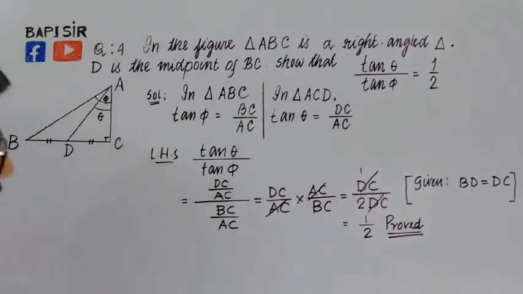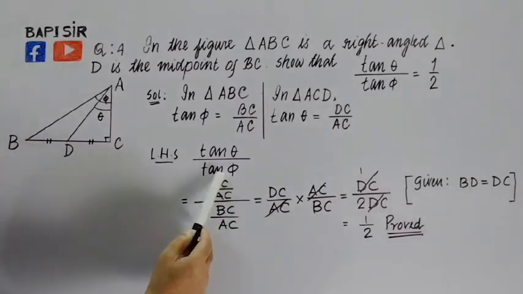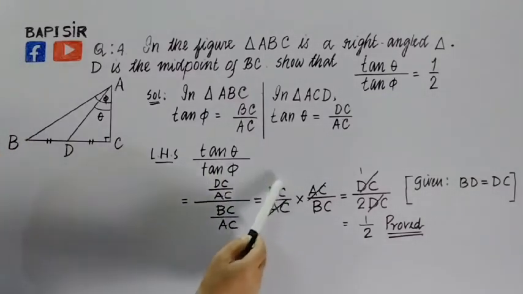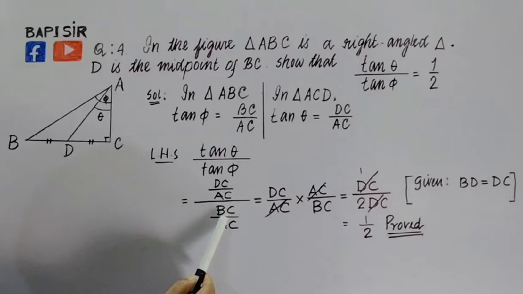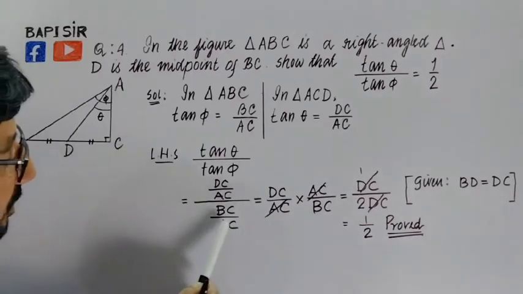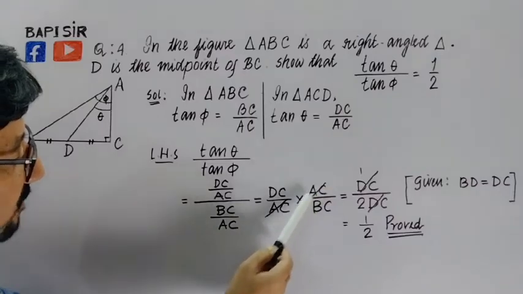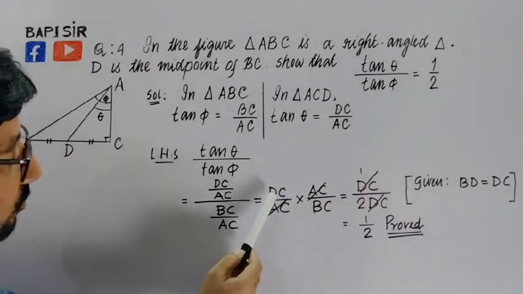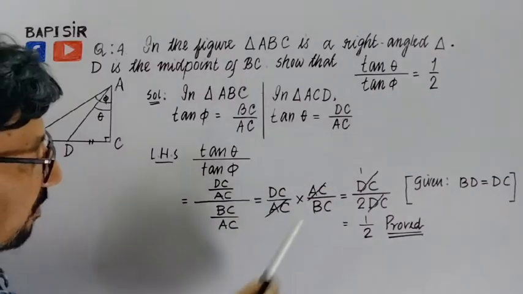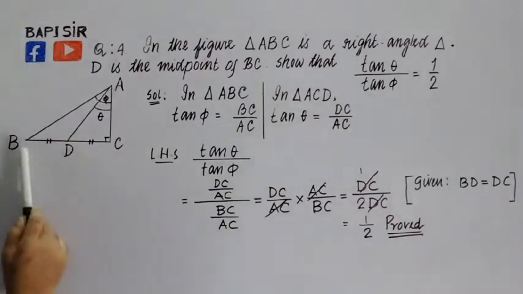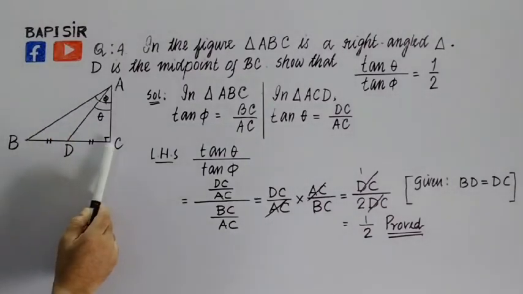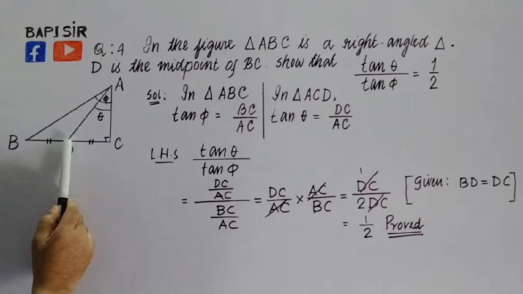Now in the next step, the numerator remains the same and the denominator is to be made reciprocal, AC by BC. Now AC gone. So what is left? DC by BC. Now look carefully, this is BC and D is the midpoint of BC.